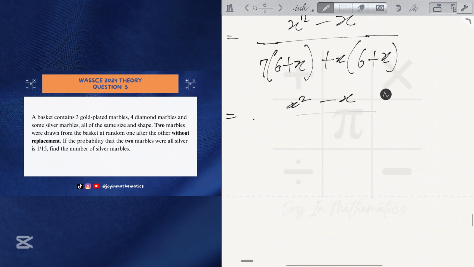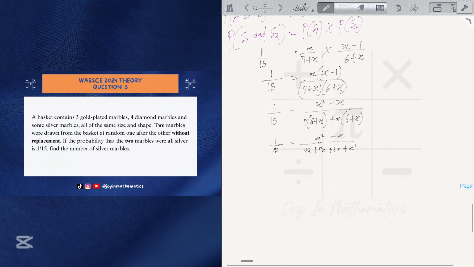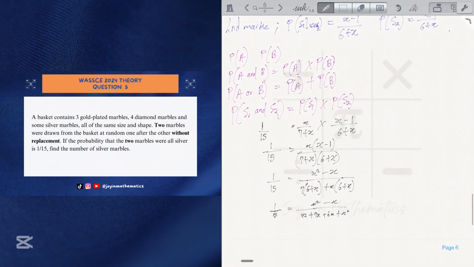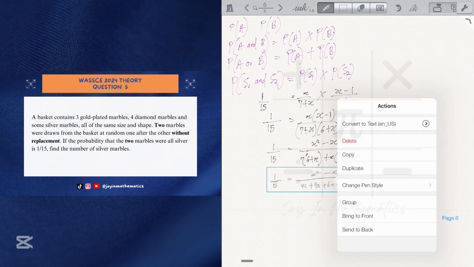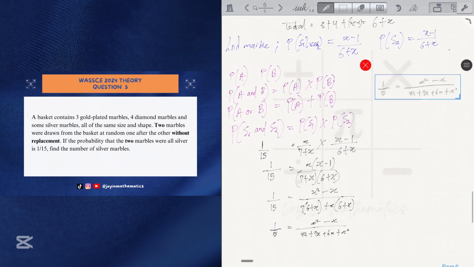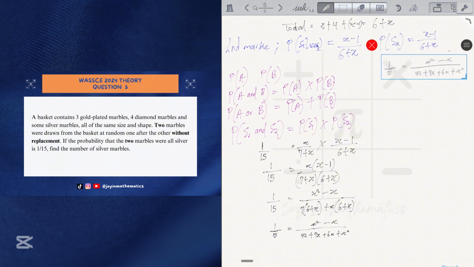Zooming out, 7 multiplied by 6 would give us 42 plus 7x, and if you open this, we'll have 6x plus x squared. So this is a sign that we are going to have a quadratic equation.